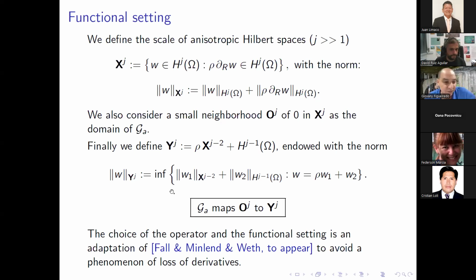Any question? Oana is asking if a similar result is expected in the setting of non-stationary solutions. That's a very good question. I don't know. I'm not sure what you mean by that.